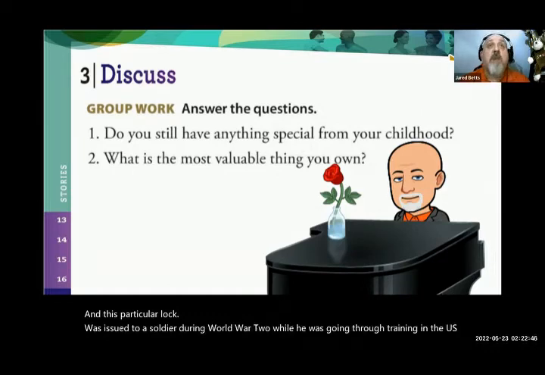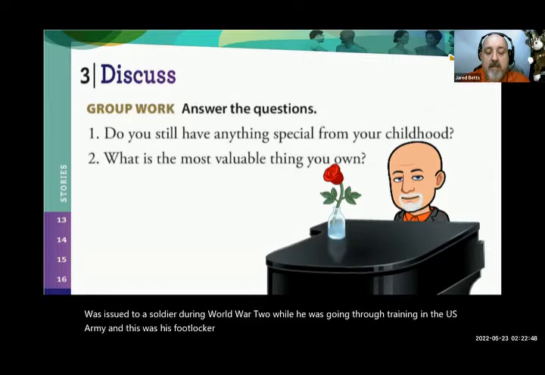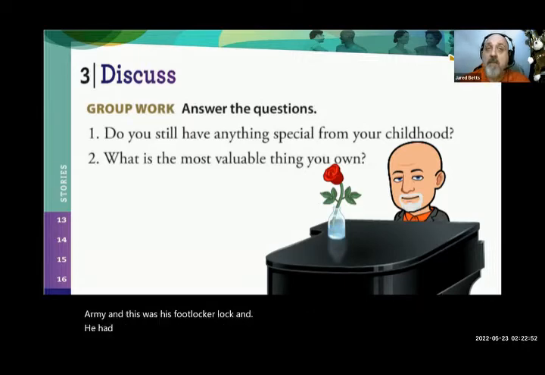And this was his footlocker lock. And he had this lock the entire time that he was in the military. He served his country well, and after he served his country well, he went on to spend time with my grandmother and became my grandfather.